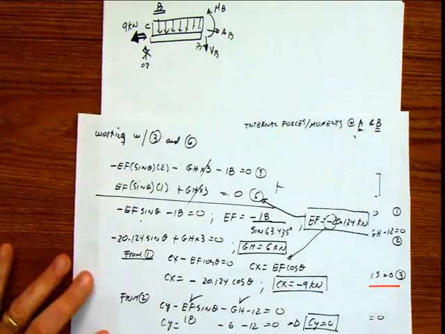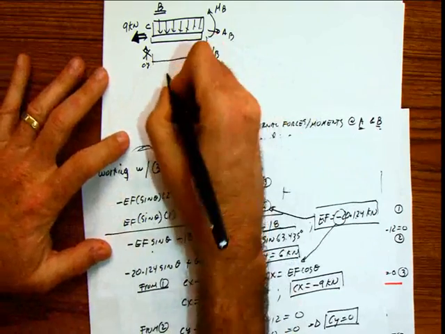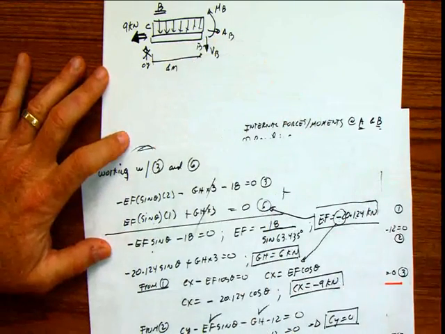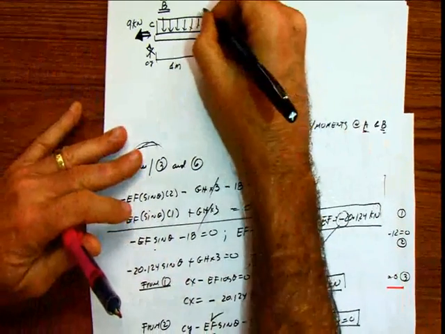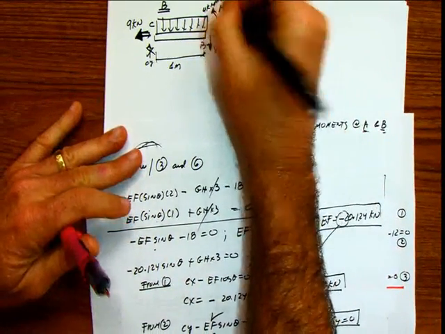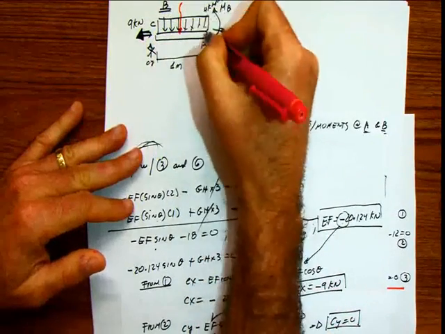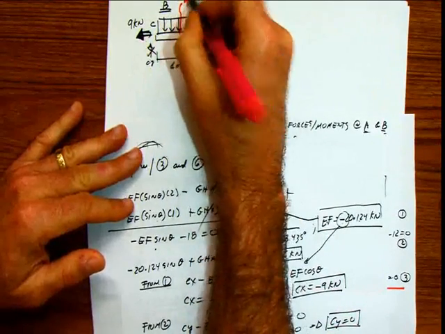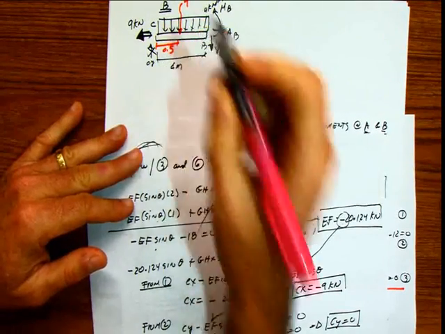That is important. And this distance from here to here, we had it as 1 meter. If this is 1 meter, this force was 4 kilonewton per meter. It's going to produce a force here, which is going to be 4 times 1, so it's 4, and the distance from either end is 0.5.